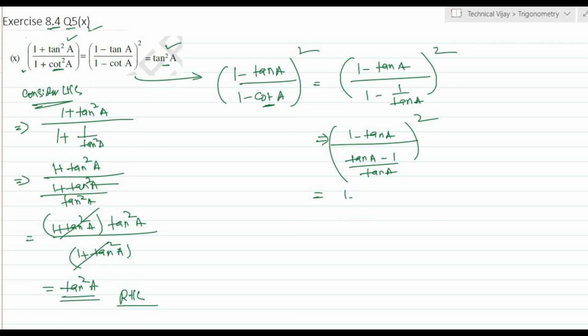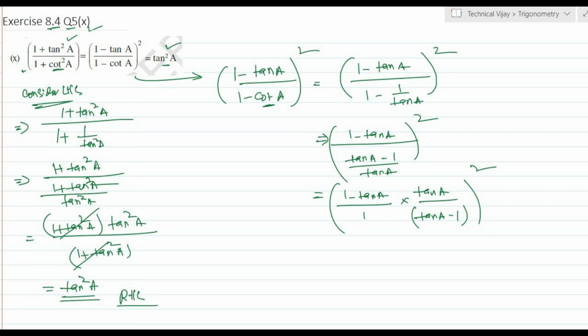So this is equal to 1 minus tan A, divided by tan A minus 1 divided by tan A, whole square. This is equal to 1 minus tan A into tan A divided by tan A minus 1, whole square.